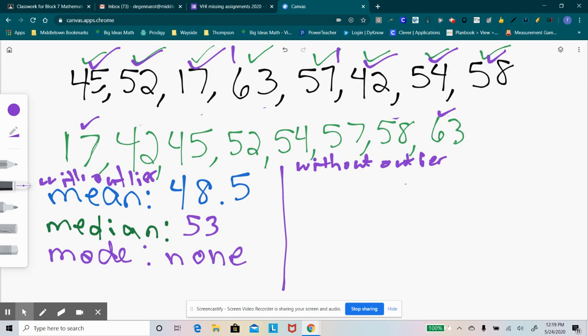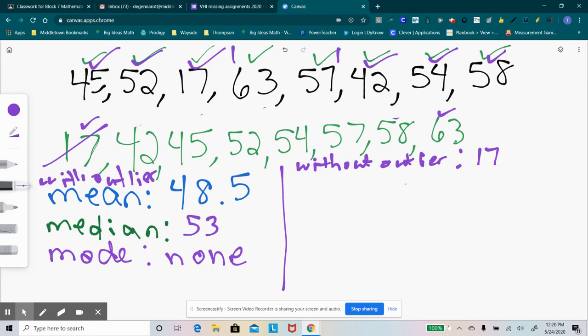So looking at our data set, let's look at the end. I see 63, and that's kind of close to 50. It's a little bit far away, but let's look at the other side. We see 17. Well, 17 is definitely far away from 42. So we're going to say 17 is our outlier, okay? And we're going to take that out.